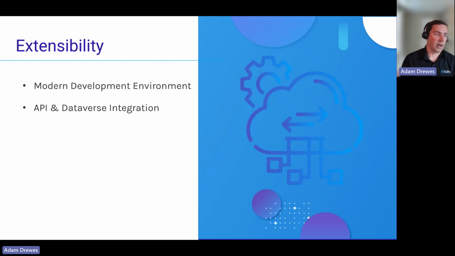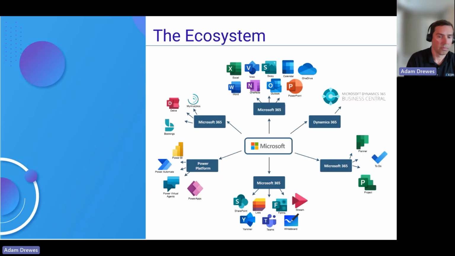That means the ISV partners are doing the same thing, so you've got a ton of GP ISVs who now have apps in AppSource for Business Central. Same thing with SL. So the ecosystem is pretty large.